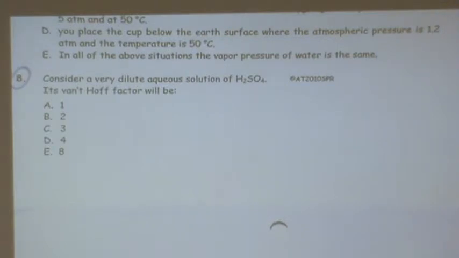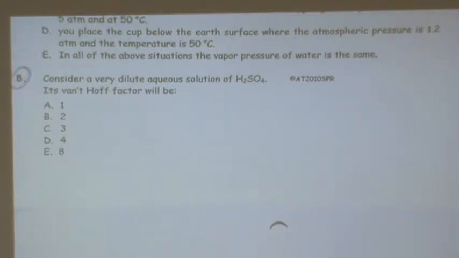Why? Because sulfuric acid is a diprotic acid. The first ionization is complete, 100%, but the second is that of a weak acid. So it really does not give you 2 particles per molecule of sulfuric acid unless it's very dilute. We're going to see later that as we increase the dilution and lower the concentration, the percent ionization increases. So when it's really dilute, you can say the percent ionization even for a weak acid is 100%.